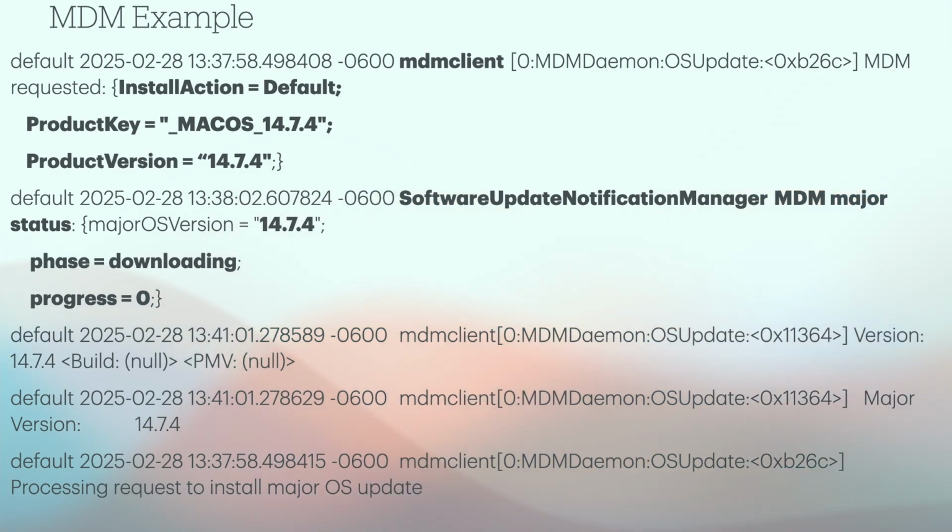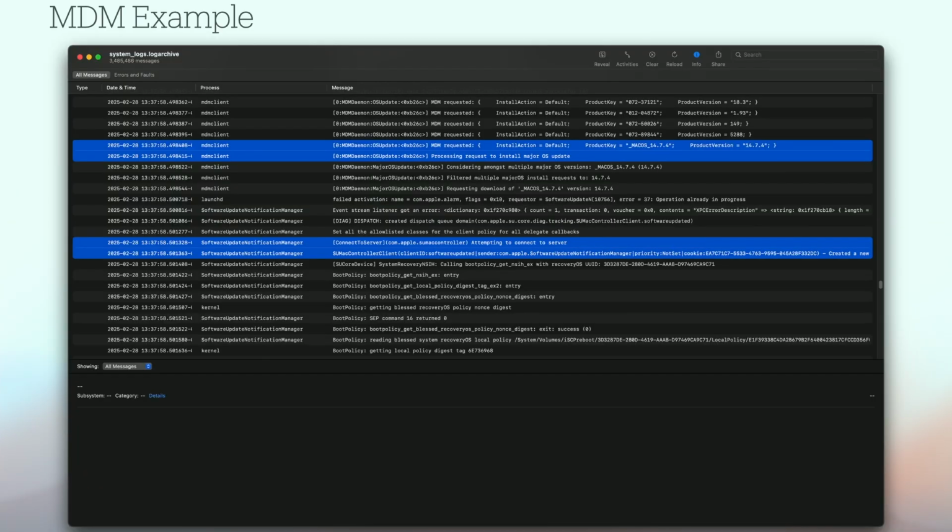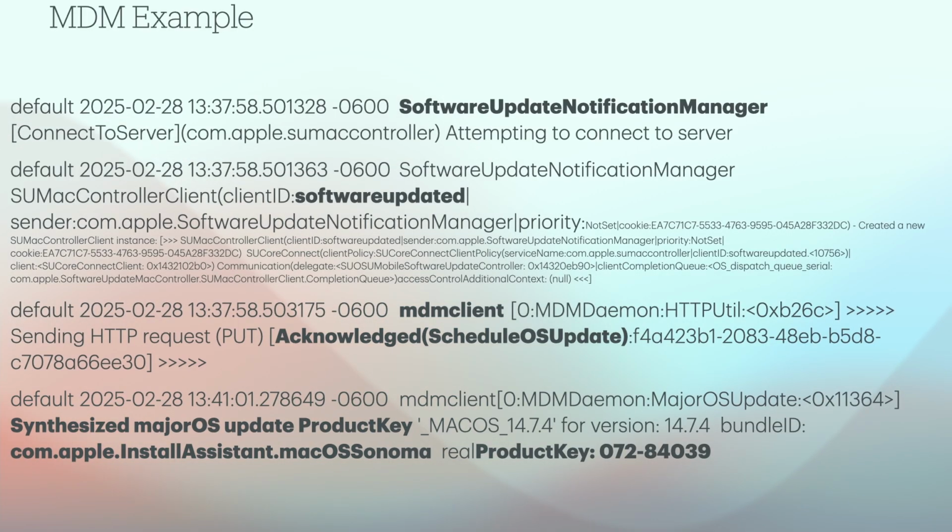So then we'll see the software update notification manager where it's going to say, okay, what's the status of that? Go ahead and start downloading it. I'm at 0%. It's picked the version and it's processing that request. We'll see a number of different things interspersed, but really what it boils down to is the software update notification manager, softwareupdated, MDM client, and then following through and looking for that product key.